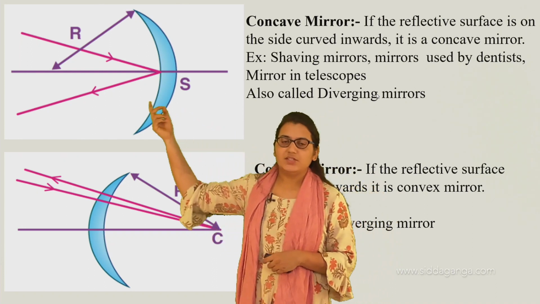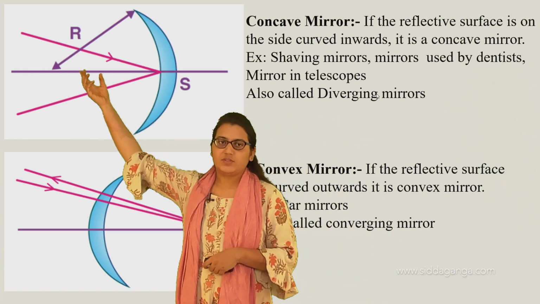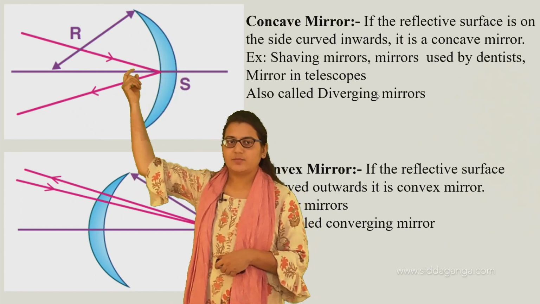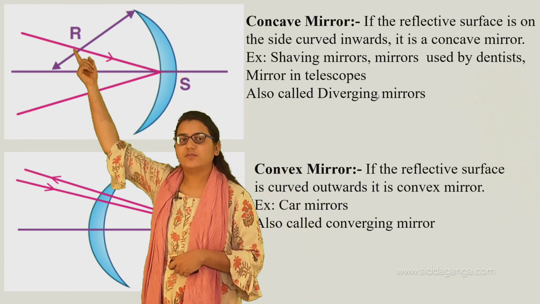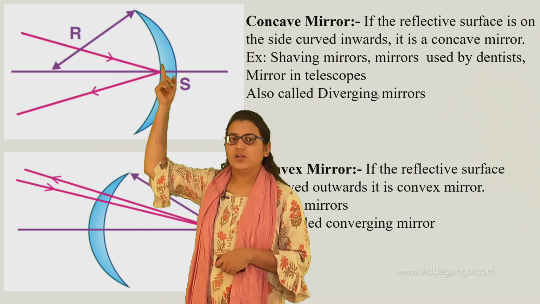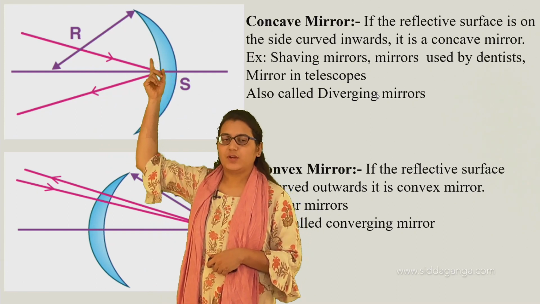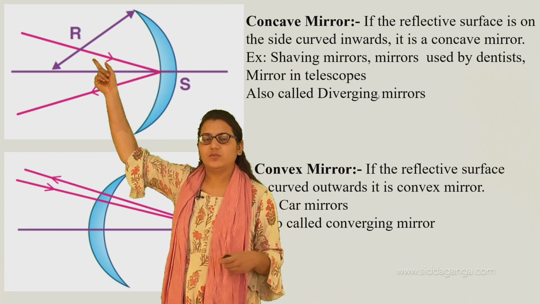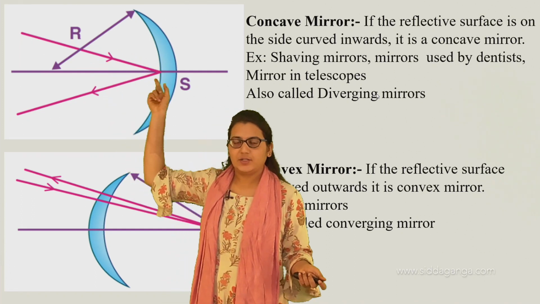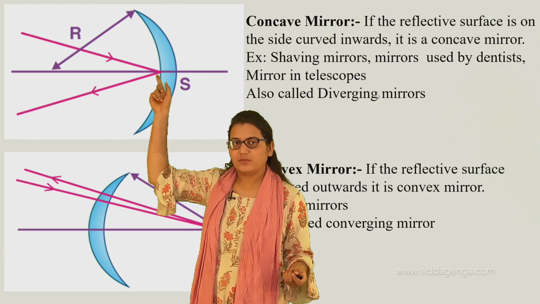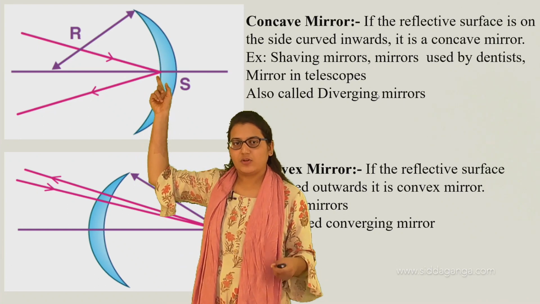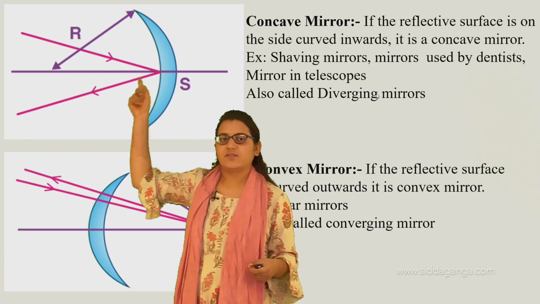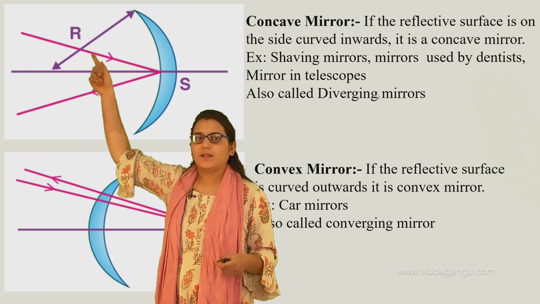Just imagine this is some object, and this is a light beam. These arrow marks are showing the light beams. After the light falls at a point on a reflective surface, it diverges.